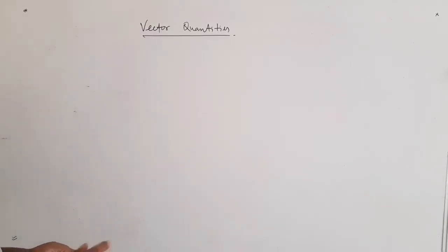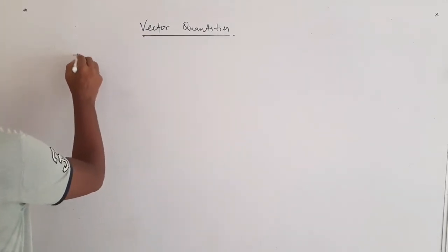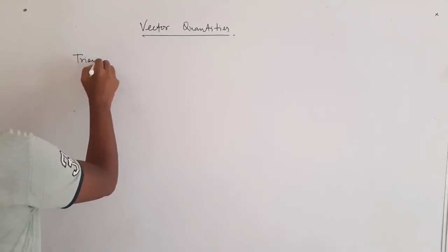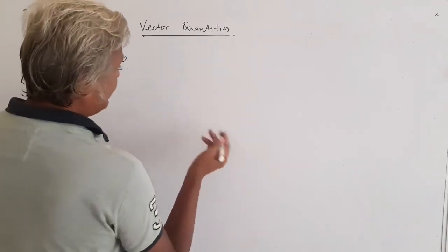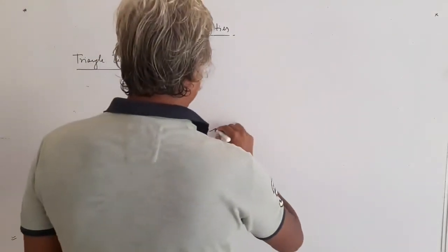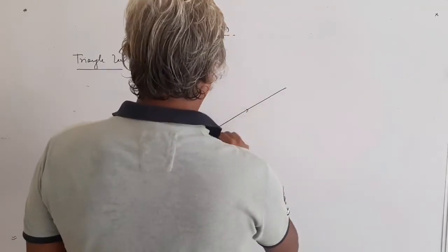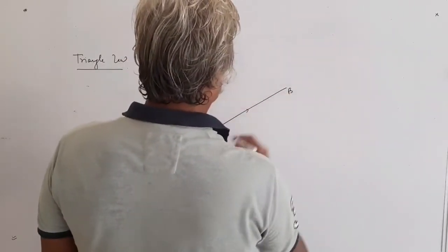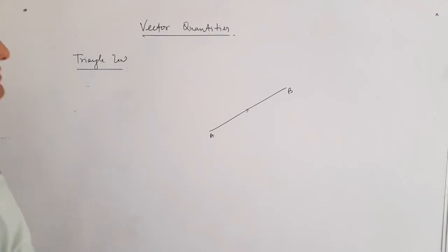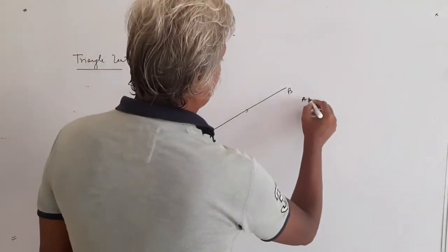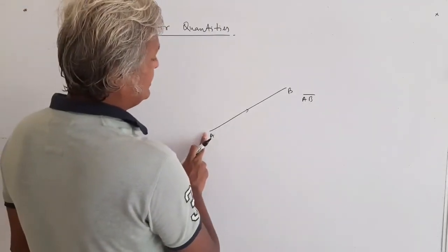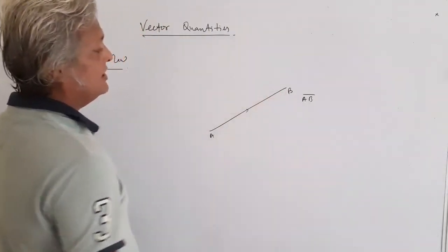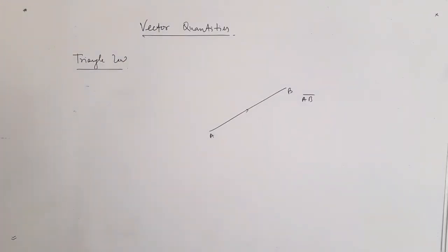So first I would like to discuss the triangle law of vector addition. Triangle law, this is simple, starting from the very beginning. What is the triangle law? If you have a vector, then you know that a vector is notated by points like this, A, B, bar, and A is called the starting point or the initial point, and B is called the final point or the terminating point.